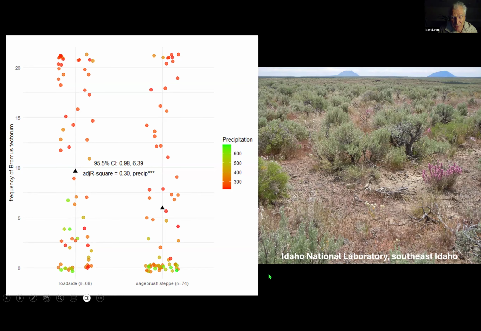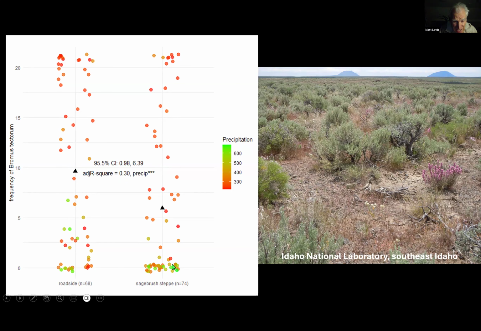Same finding was made for cheatgrass. Sites with higher precipitation tended to have little or no cheatgrass. So there is a significant difference between roadside cheatgrass frequency and sagebrush steppe cheatgrass frequency, even though the numbers appear all over the map.